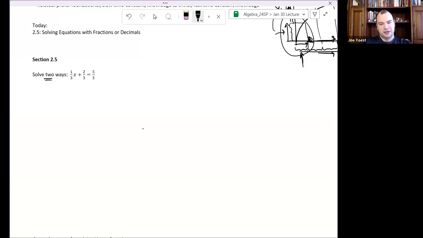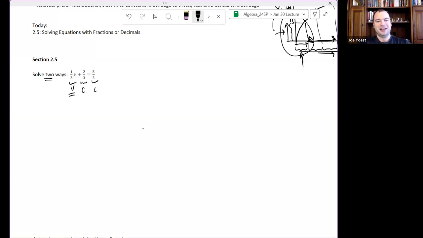Okay, so I have a variable term, a constant term, and a constant term. These have fractions in them, but that's just what they are. A variable term, constant term doesn't matter if it has fractions or decimals or pi or something like that in it, or just whole numbers. Still variable term plus constant term equals constant term.